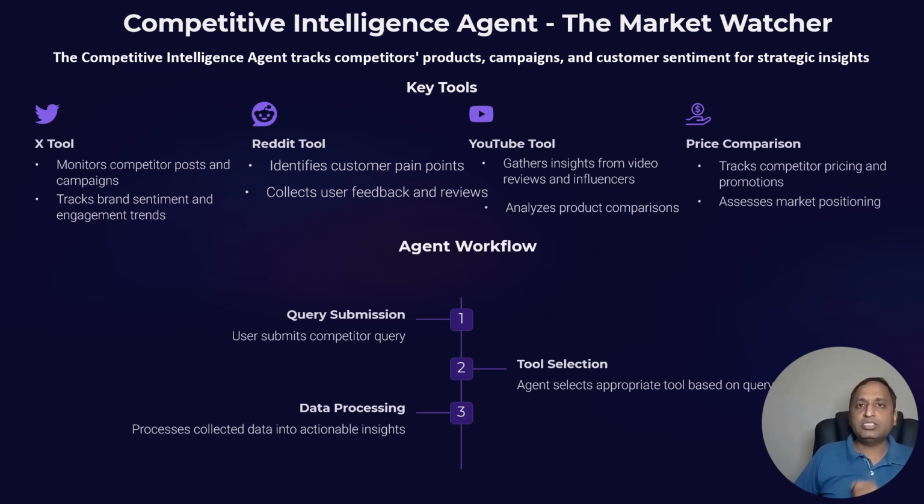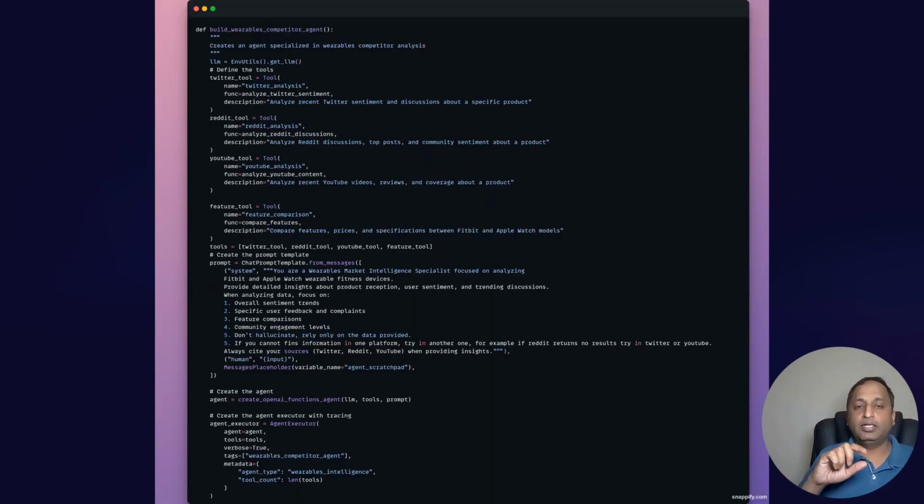So now let's look at the code snippet for agent 2, what tools it is using and how it is using them. Just like the other agent, here also we have four tools. We have a Twitter tool, which will get the sentiment analysis from Twitter or X, a Reddit tool, which will get all the user discussions from the Reddit forums, a YouTube tool, which will get all the YouTube videos, the number of likes, dislikes, and comments, and a feature tool, which will compare the features or prices from the competitors.